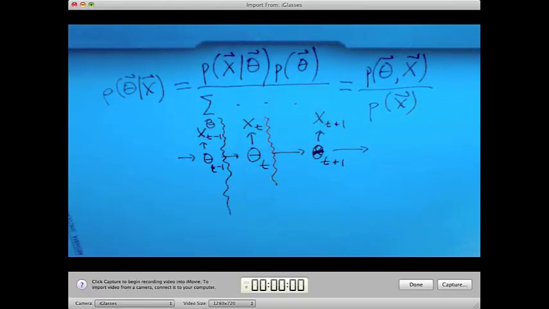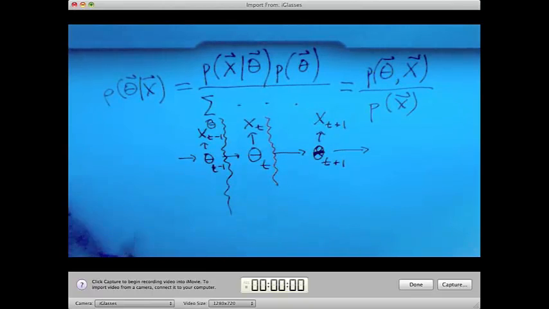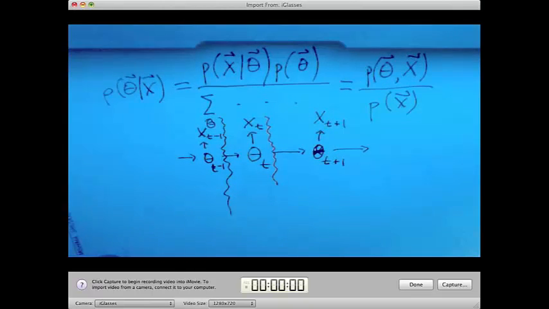Now I'm going to start labeling parts. So notation is your friend here. So this whole domain, everything to the left of this line, I'll call it P of theta t minus 1 vector, comma, x t minus 1 vector.